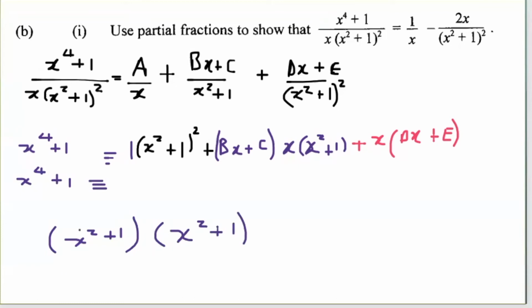Multiplying x squared times x squared gives me x to the 4th. Then x squared times 1 and 1 times x squared will give me 2x squared. And then 1 times 1 gives me 1. So replacing here, that's what we'll have: x to the 4th plus 2x squared plus 1.